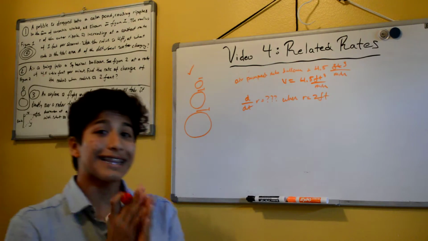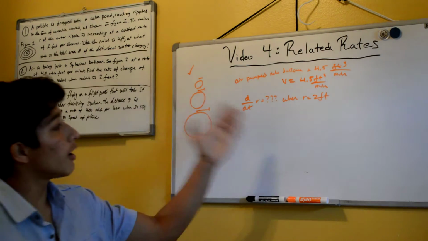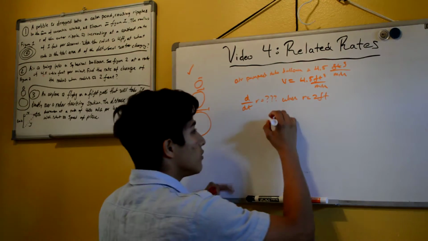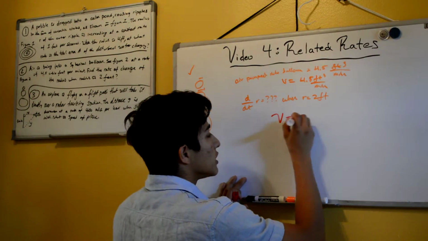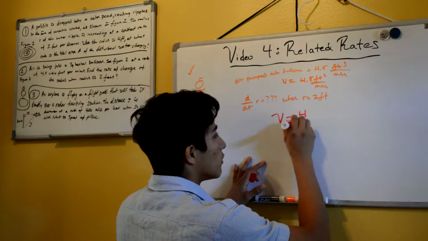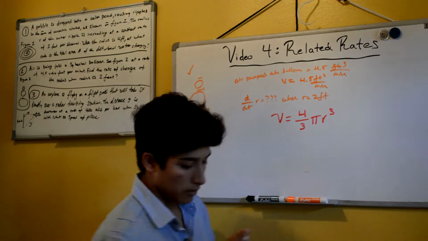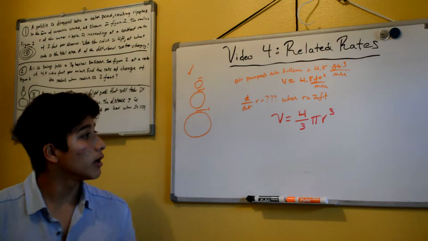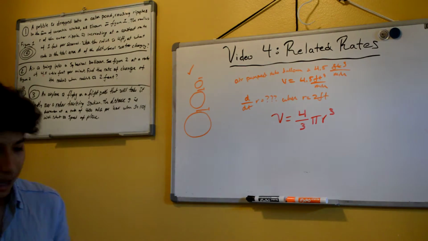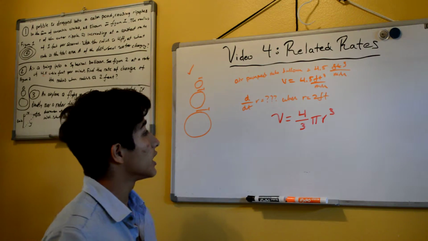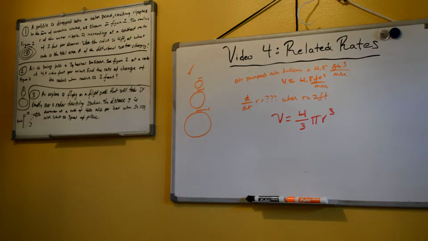Okay, so now we have our givens. Now we want to relate this. How can we relate volume with the radius of a sphere? You know the volume equals 4/3 pi r cubed. So now that we have this, we can use implicit differentiation.